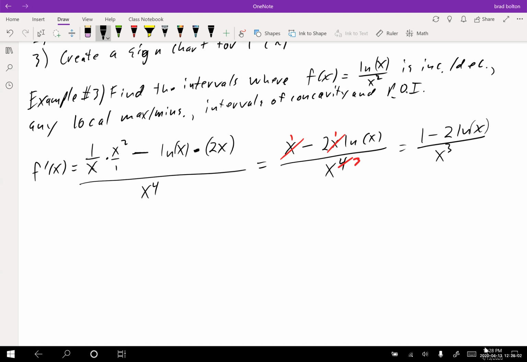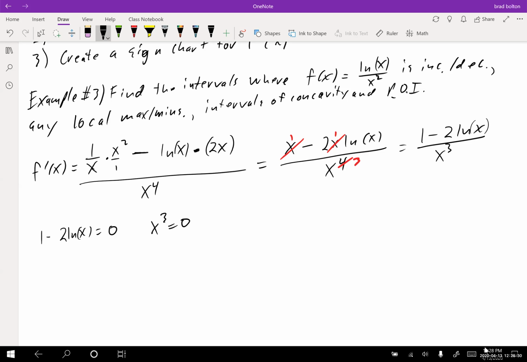Okay, so remember, the whole point of the first derivative is what can you do with the first derivative? Well, you can find intervals of increasing and decreasing. I'm sorry, not concavity. You can also find local mins and maxes. So what we're going to do first is set this equal to 0. So we're going to say 1 minus 2 ln of x equals 0, and x cubed equals 0.